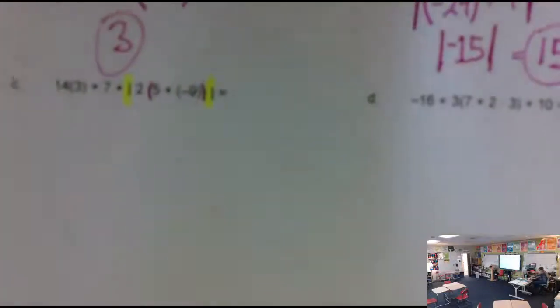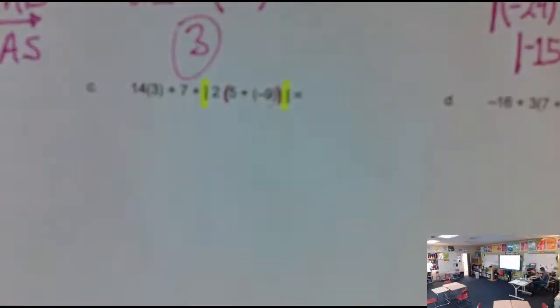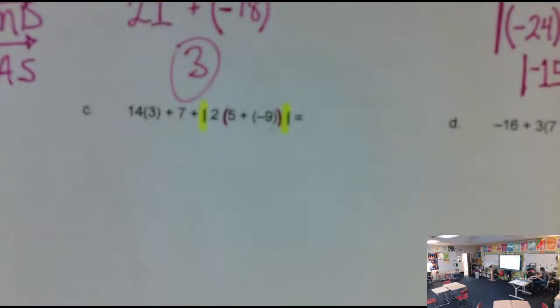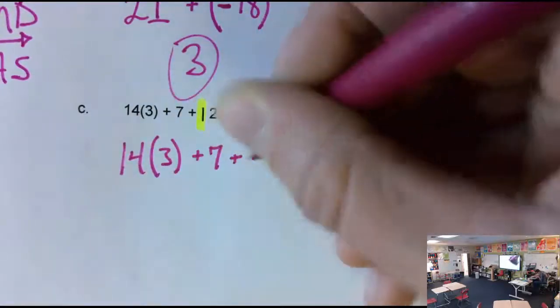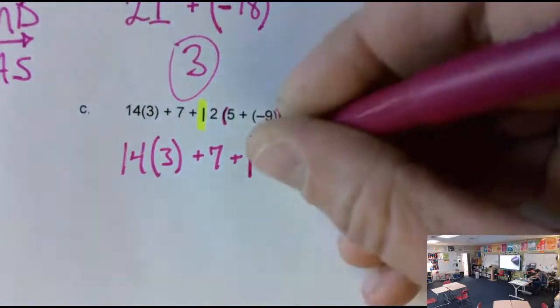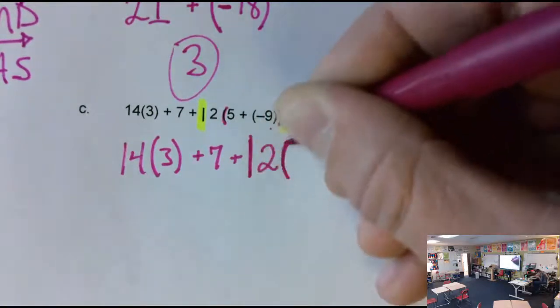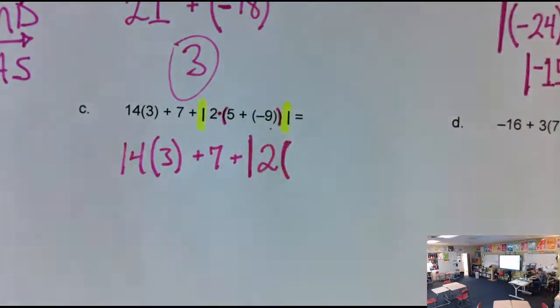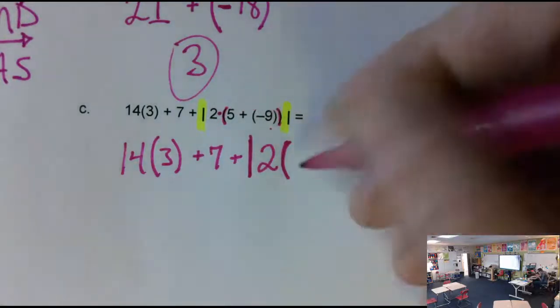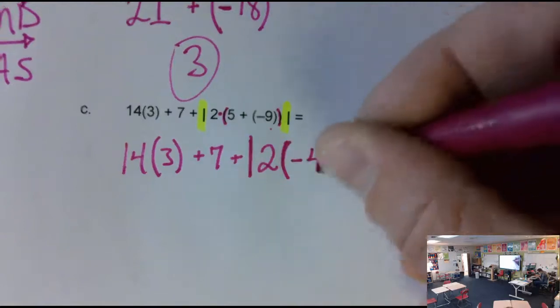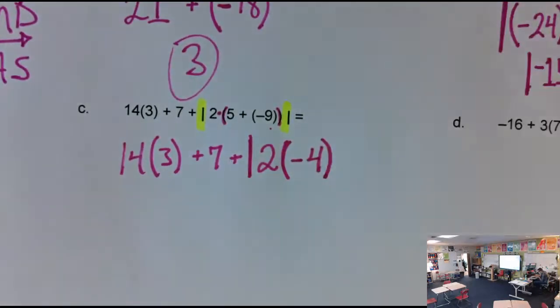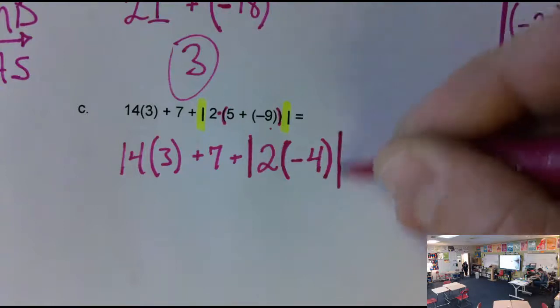Yes, I can. So there's work to do inside that parentheses. So everything else I bring down. Absolute value bar. 2 times up against the parentheses. If you need to add a dot in there to remind yourself, add that dot. 5 plus negative 9. Negative 4. Make sure you close that absolute value.